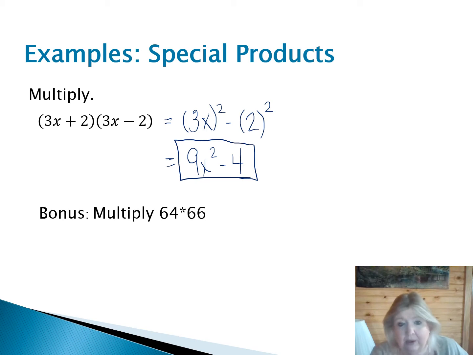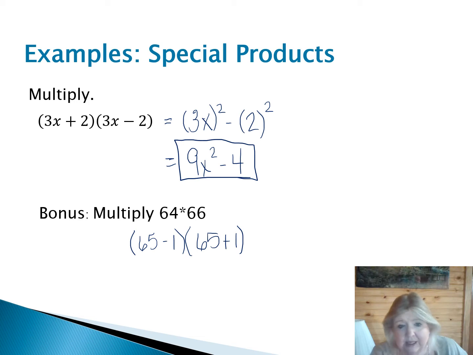Now, as a little bonus for those of you who are a little nervous about not getting to always use the calculator, what if I have to multiply 64 times 66? Well, 64 is 65 minus 1, and 66 is 65 plus 1. So I have conjugate pairs, so that's the difference of squares.